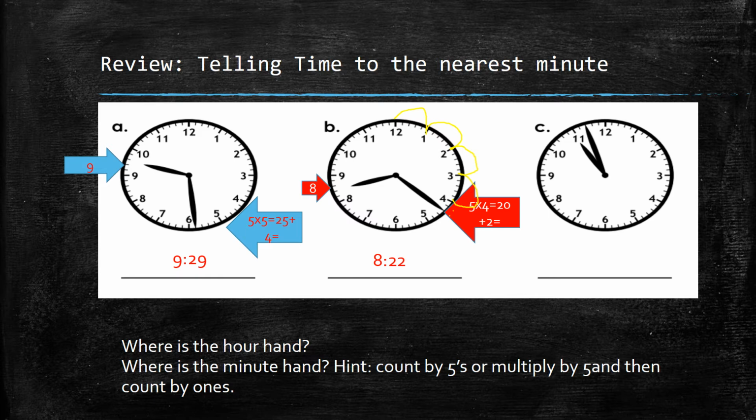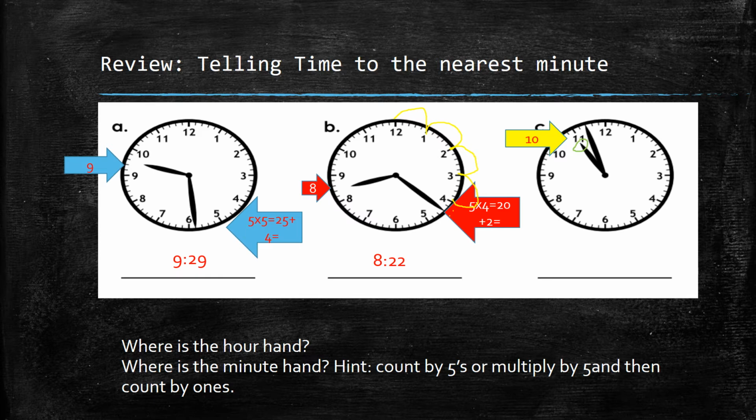Okay, let's look at clock C. Looking at the hour hand, which is the shorter one, it looks like it's right on the 11. But if you look very closely, it's not quite there yet, which means still in the 10 o'clock hour.